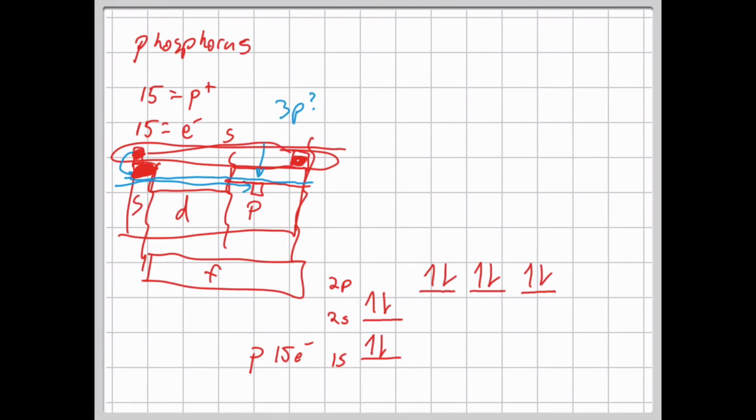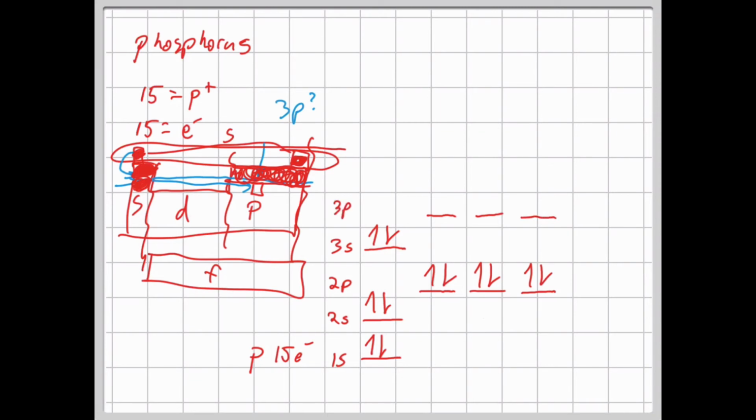Once we go past the 2p, let's fill that in, color that in. That's all the way to the 2p. The 2p is neon over here. That's our noble gas. We'll talk about noble gas configuration on the next one. Go past 2p, the next energy is 3s, so we'll draw an orbital for that and put 2 electrons in it. Then we go over to the 3p.